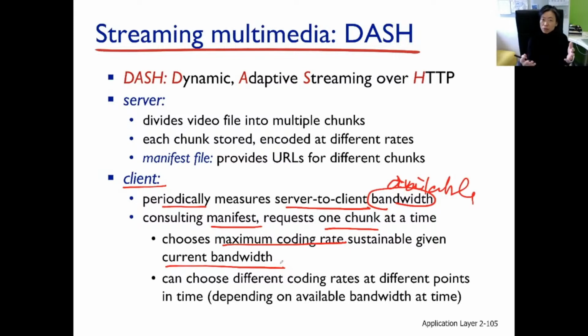So it measures periodically the available bandwidth and picks the version of the chunk such that the rate is right below the limit. At different points in time, the client does the measurement again. If the bandwidth gets back up, you pick a rate that's a little bit better. Otherwise, if the available bandwidth drops, pick a rate that is a little bit lower. So you choose different coding rates depending on the available bandwidth at a given point in time.